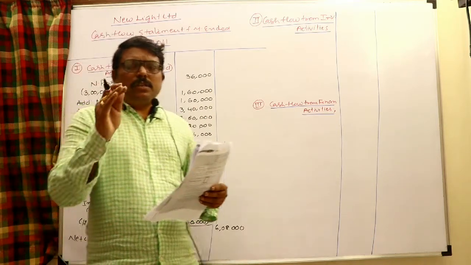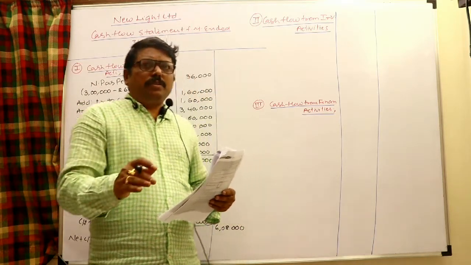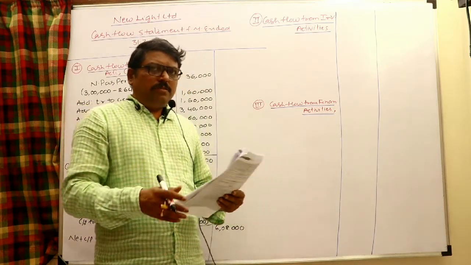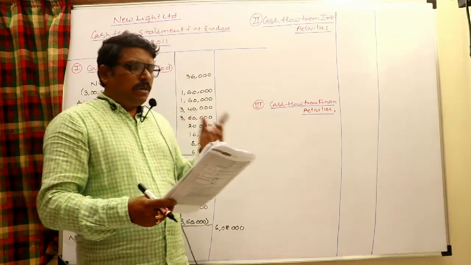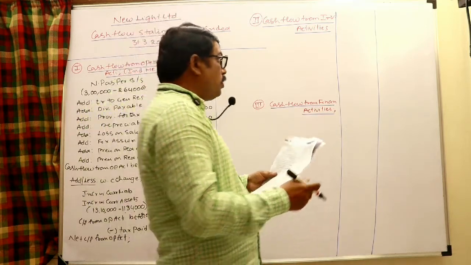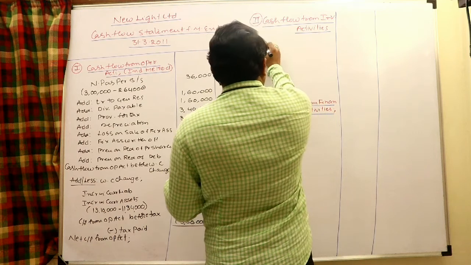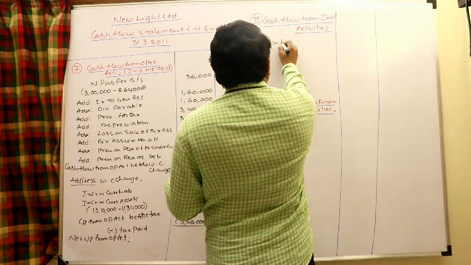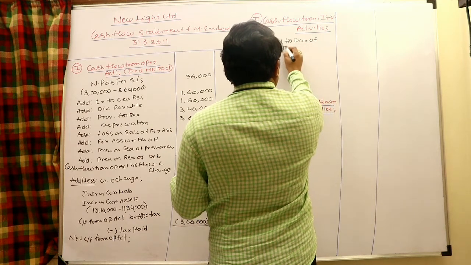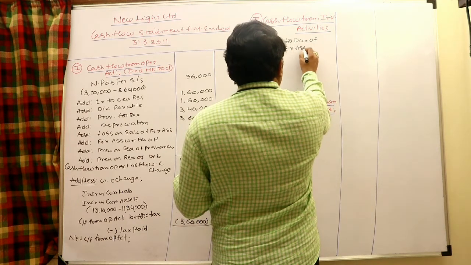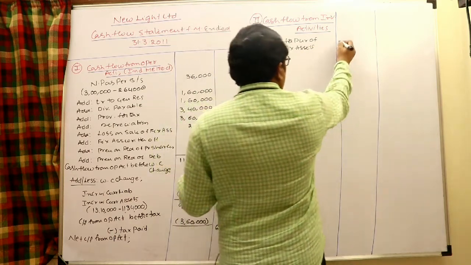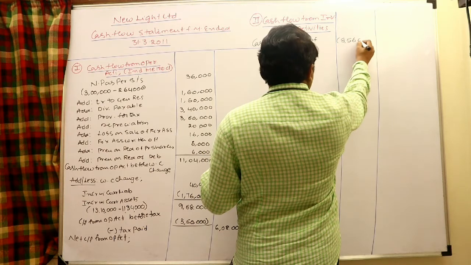Purchase of fixed assets, sale of fixed assets, purchase of investments, sale of investments, interest and dividend received. Interest and dividend received is nil, only the purchase and sale of assets and investments should be recorded here. Cash paid for purchase of fixed assets we came to know from the fixed assets account as a balancing figure, 8,56,000.